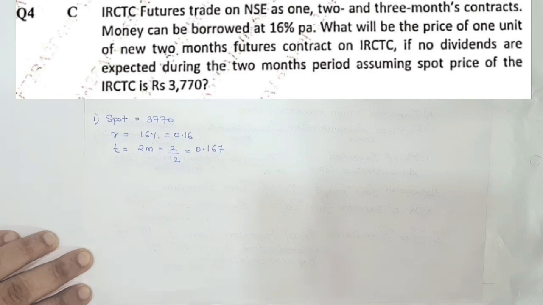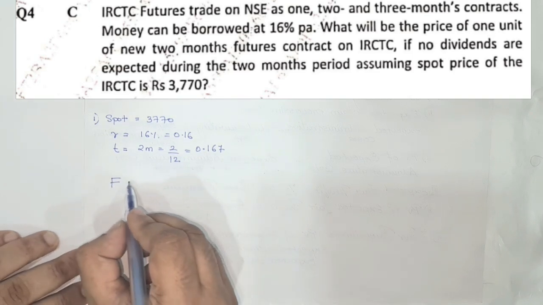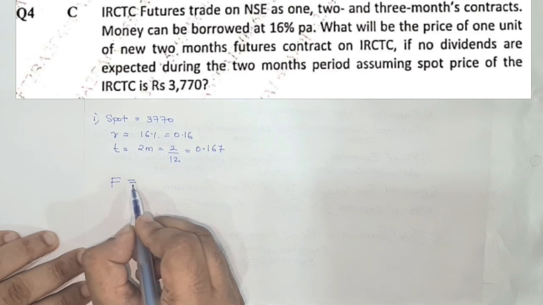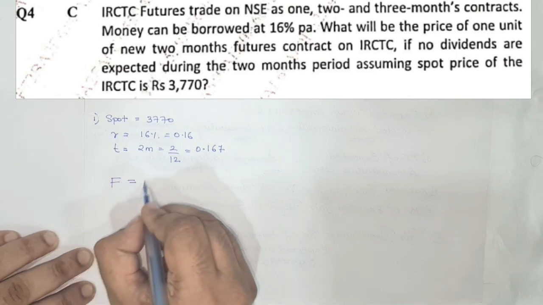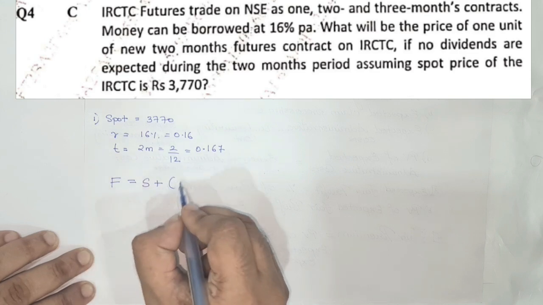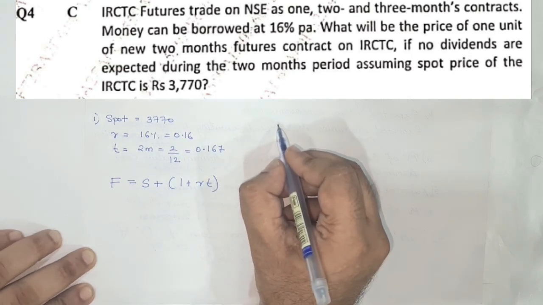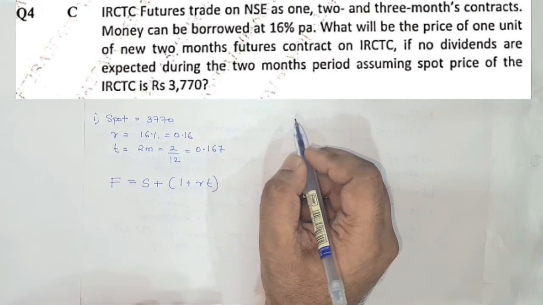So we'll apply the formula first. Future price is equal to, okay, I'll first note down the formula. Future is nothing but spot into 1 plus R into T. I'm writing it here on a bigger scale so we can understand it clearly.